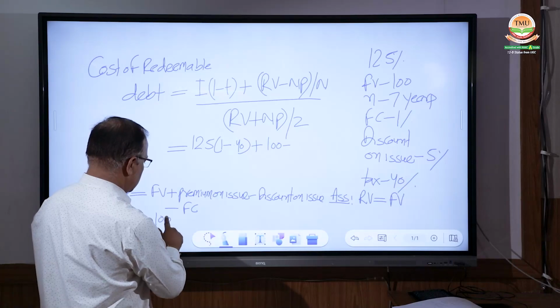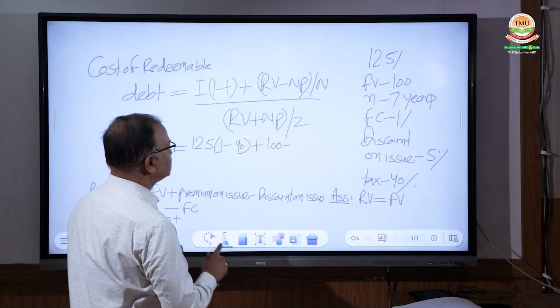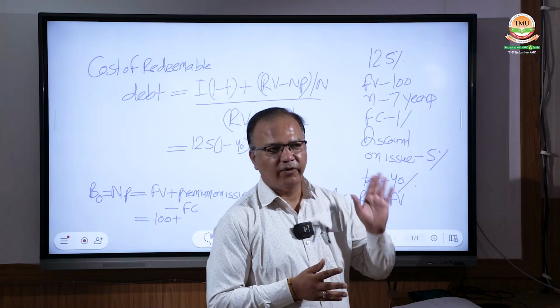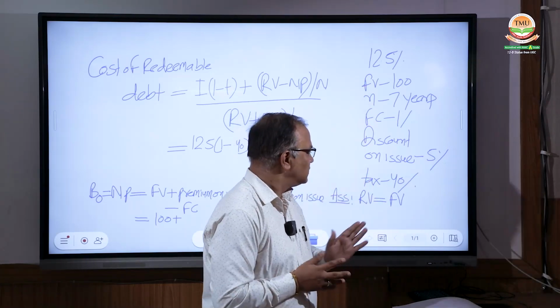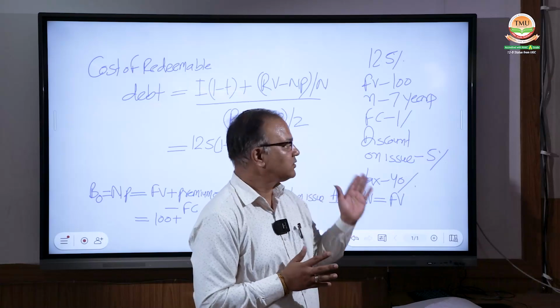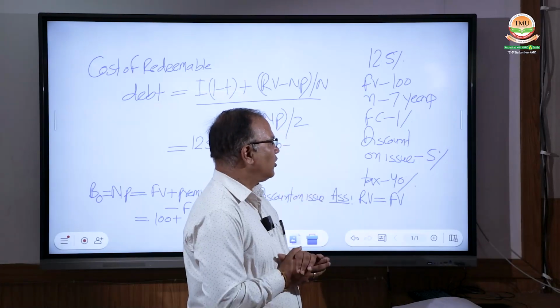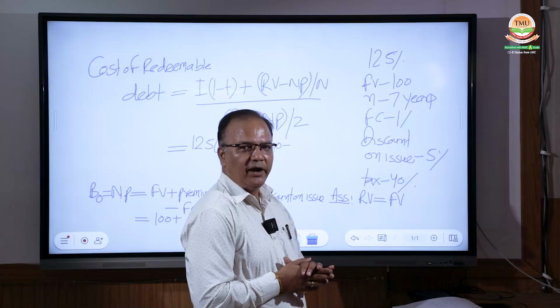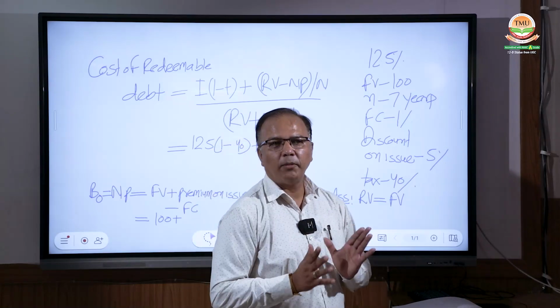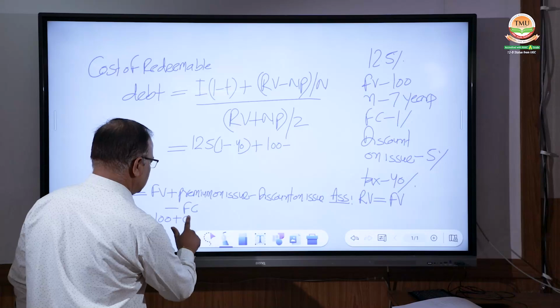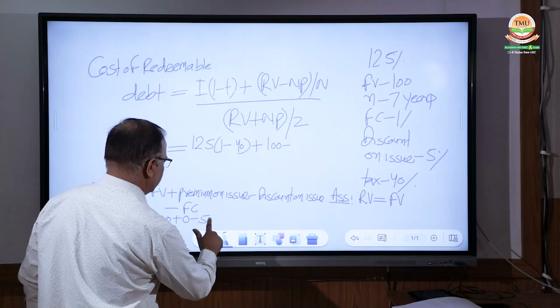Now 100 plus premium on issue. If we see the information given in the question, it's very much clear that the bond was issued at a 5% discount and there is no amount of premium. So premium will be 0 minus 5.